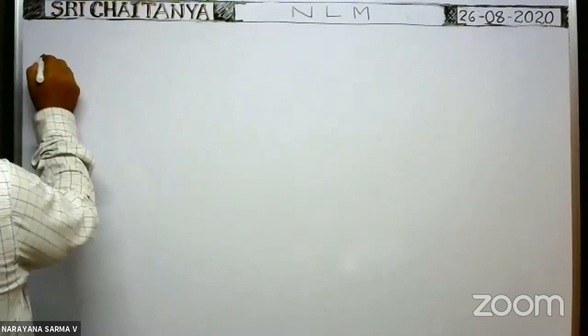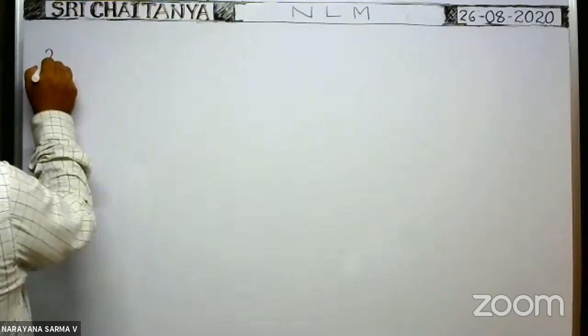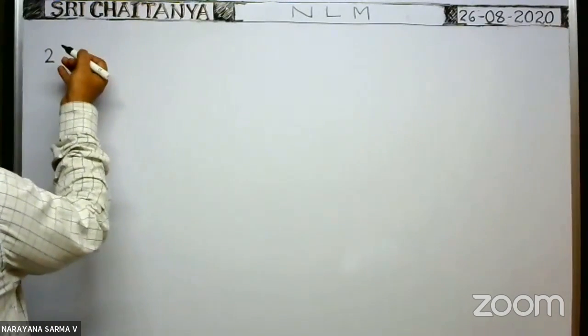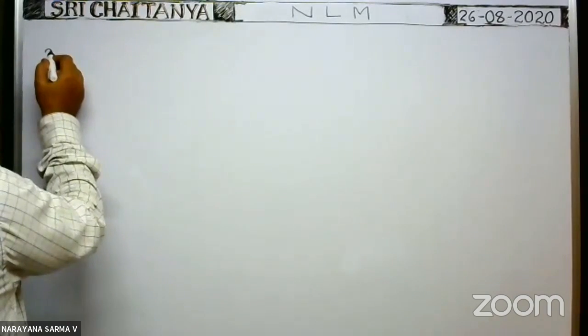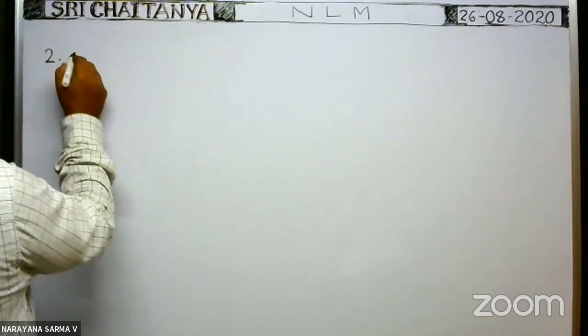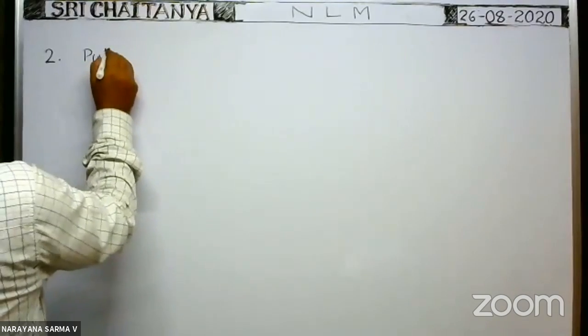So the first type, general constraints, is over. Next, the second one, pulley constraints.